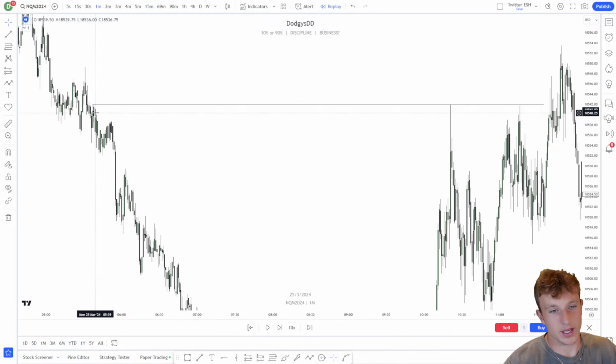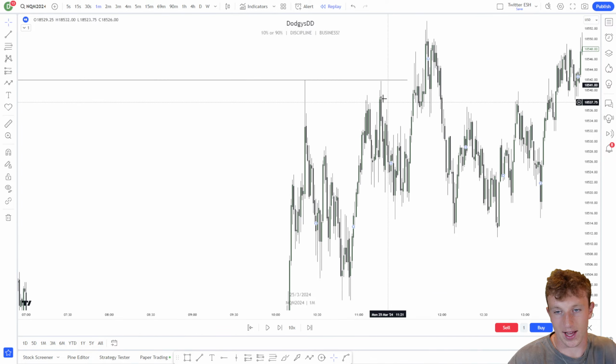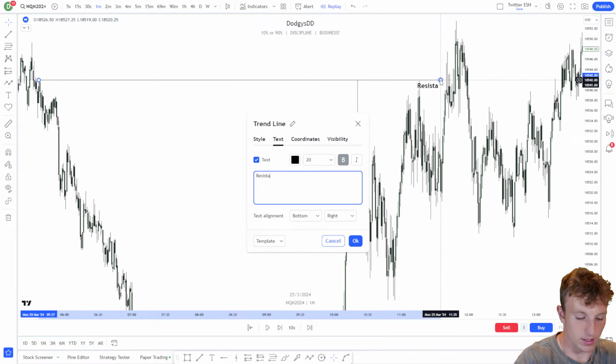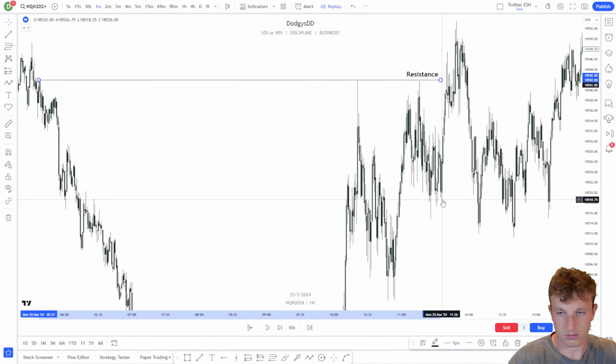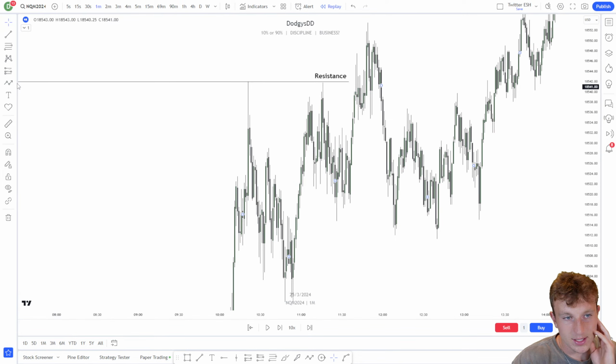How many people do you think see that we rejected the same level: one rejection here, two here, three here, four here, and think, oh my God, we've rejected it 3 times, it's major resistance? And what they do is they short it. They're like, this is resistance, we're going to reject. And look, this is exactly what I'm talking about. Let's go. My short's winning. I'm along here.